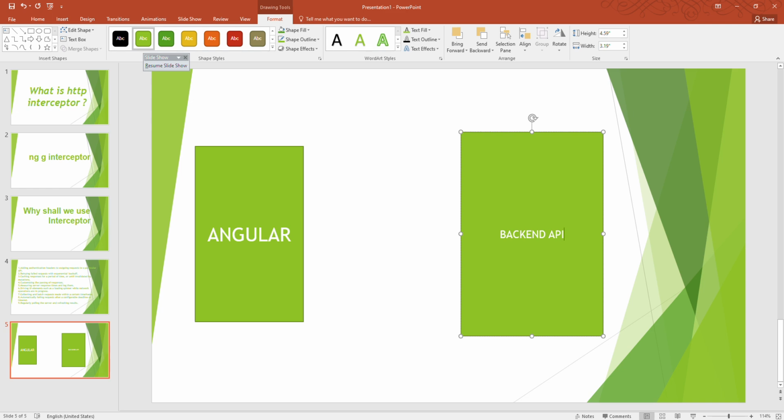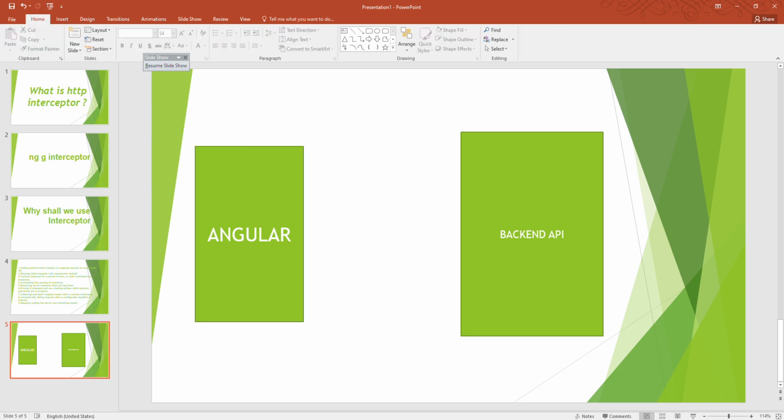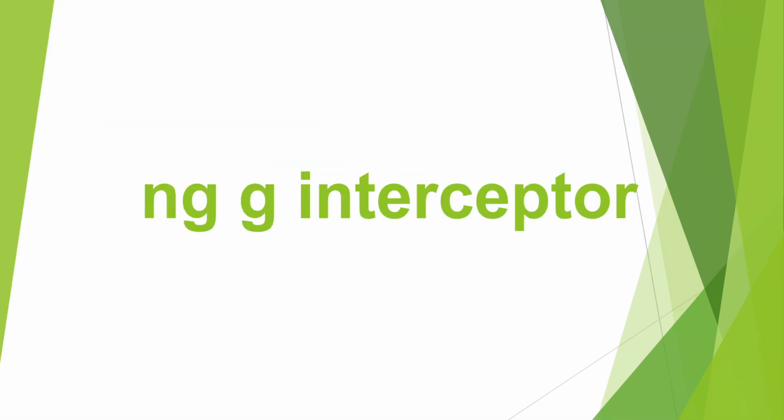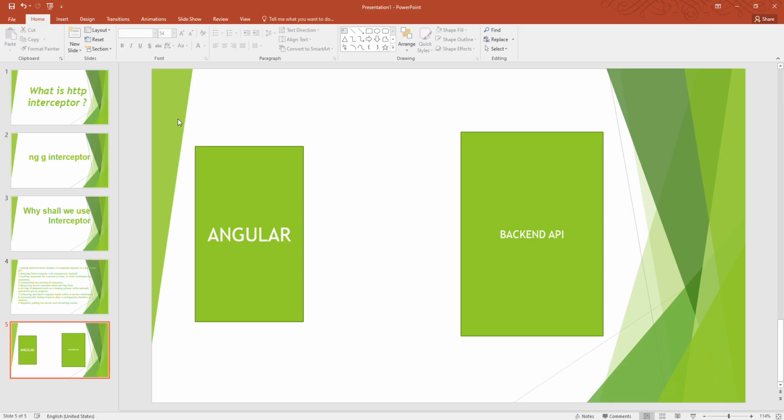So that is a separate part. So what happens ideally in our day-to-day life, if I am hitting my backend API from Angular, it will directly hit the API. It will not do anything in between.